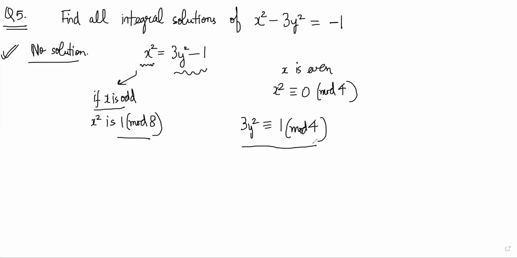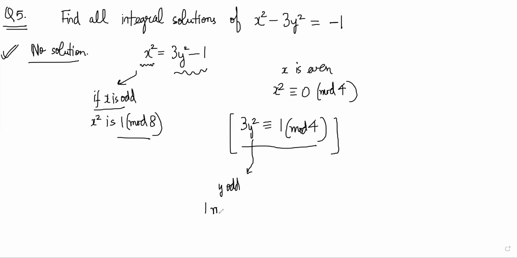Why is that not possible? Because the same idea: y square is congruent to 1 mod 8 for y odd.